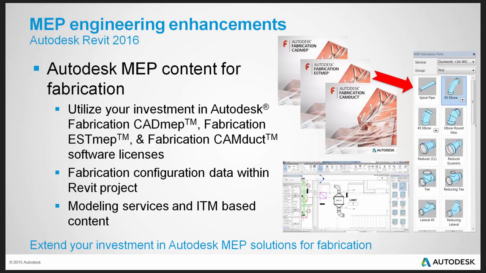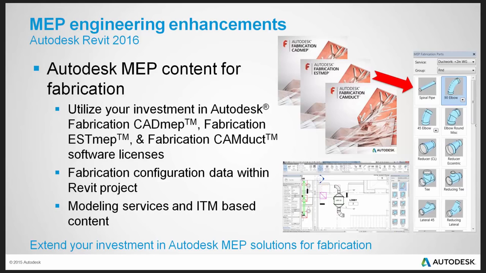The big push with Revit MEP 2016 was the addition of your Fab MEP content libraries and creating more full circle workflows between the Fab suite of products, your CAD MEP, your ESTmep and your CAMduct, and bringing that back and forth from Revit to these products. Again, working to get it full circle.